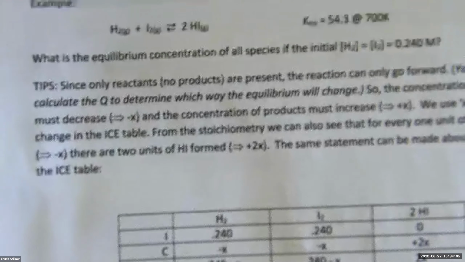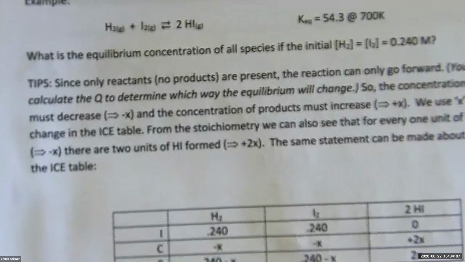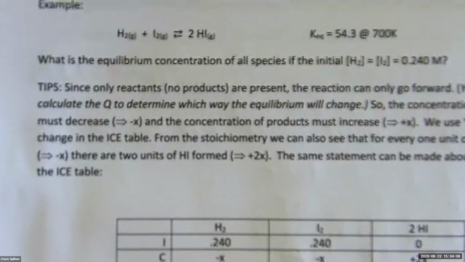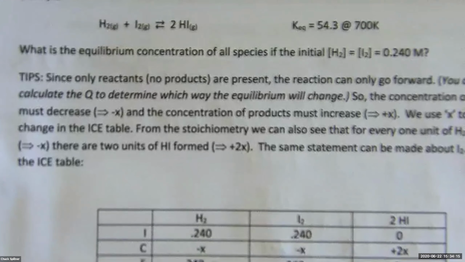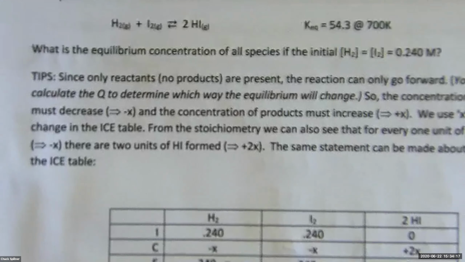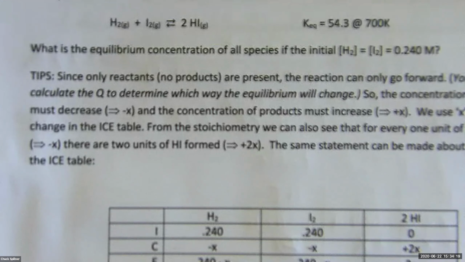What is the equilibrium concentration of all species if initial concentration is H2 equals I2 equals 0.240 molar? So this is similar to the problem on the PowerPoint, but the equation is a little different. So we have H2 plus I2 in equilibrium with 2HI.